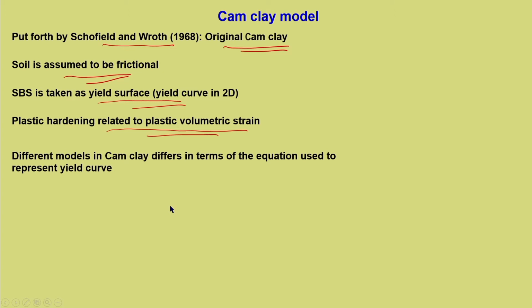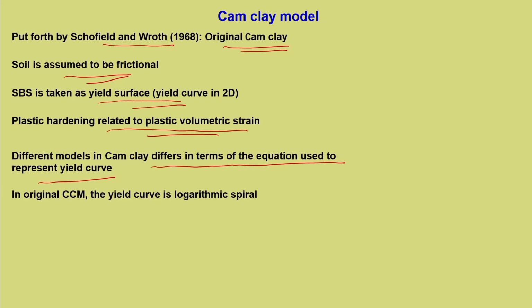Different models in the Cam-Clay family differ in terms of the equation used to represent the yield curve. So basically the difference between the different Cam-Clay models in the same family is the kind of yield curve that is used. Otherwise, the critical state concepts that we use in all these models are pretty much the same.